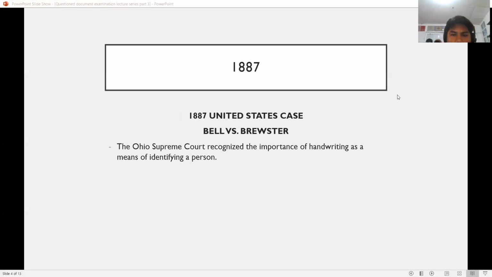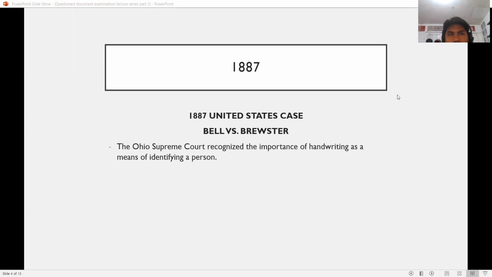and next we have here 1887 in the case of Bell versus Brewster, a United States case. So in this case, the Ohio Supreme Court recognized the importance of handwriting as a means of identifying a person. Okay, and they will utilize the standards of comparison.